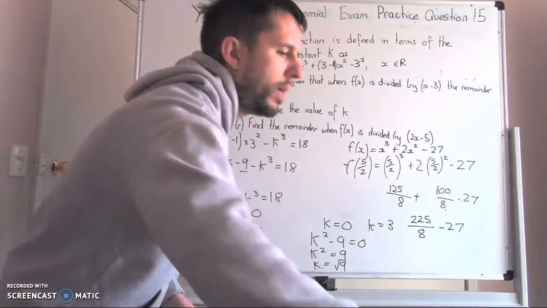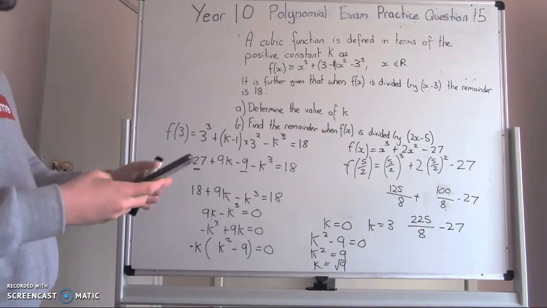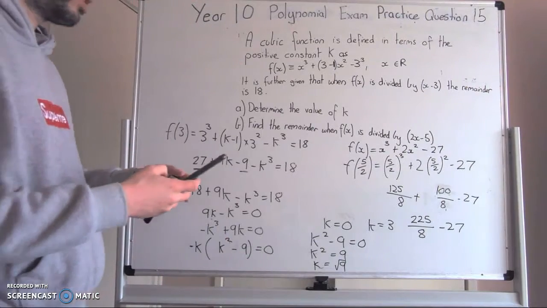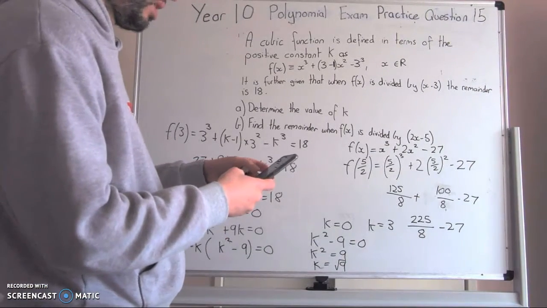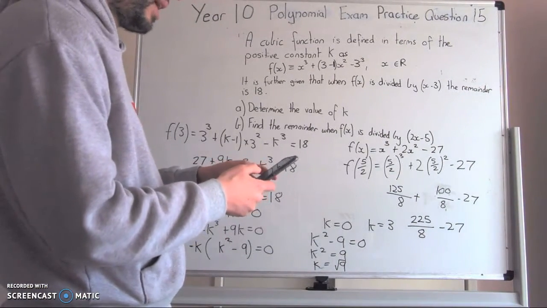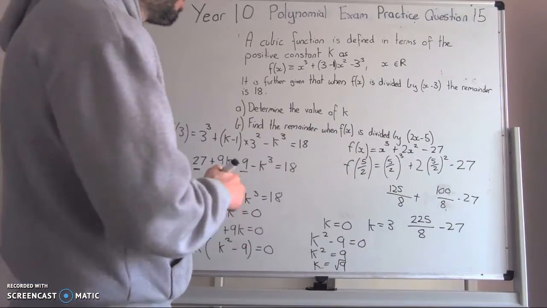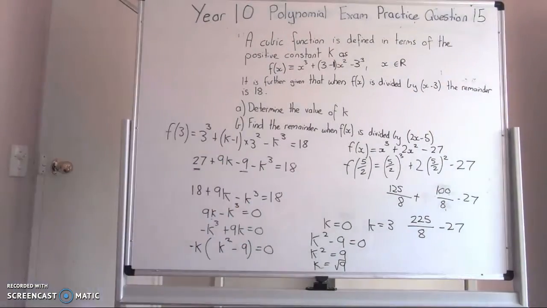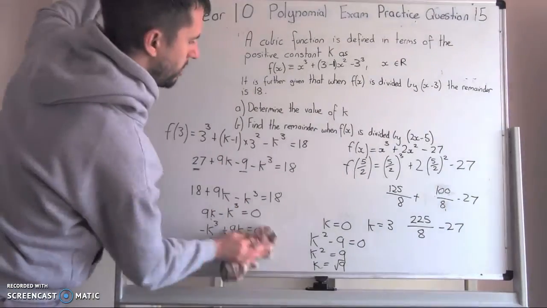Now this is where we are able to use a calculator because it just makes it a lot easier. So 225 divided by 8, we are looking at a decimal.